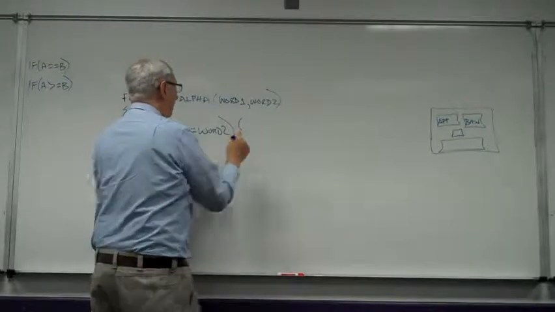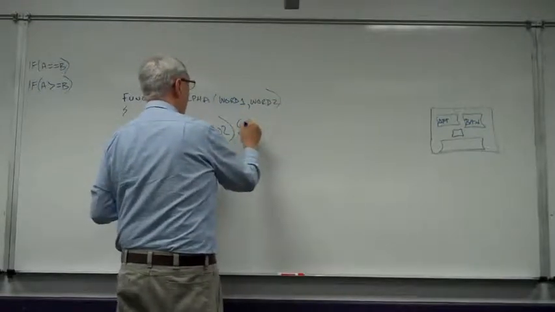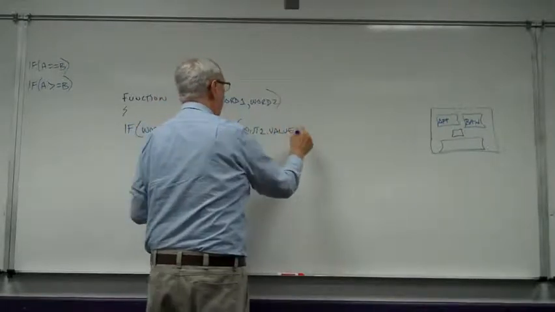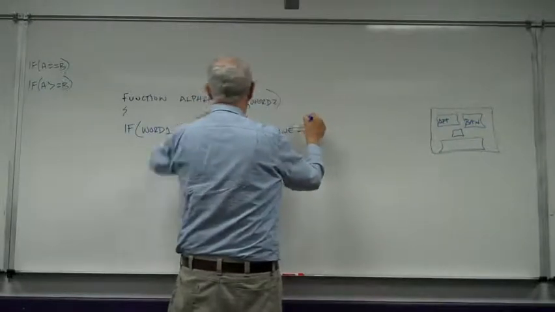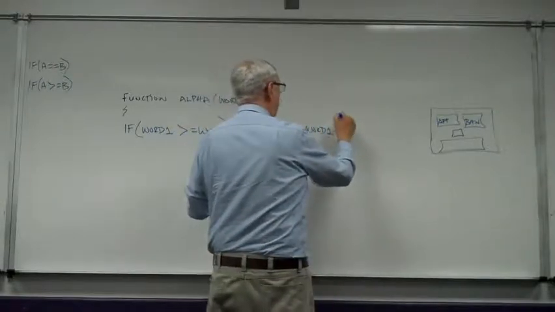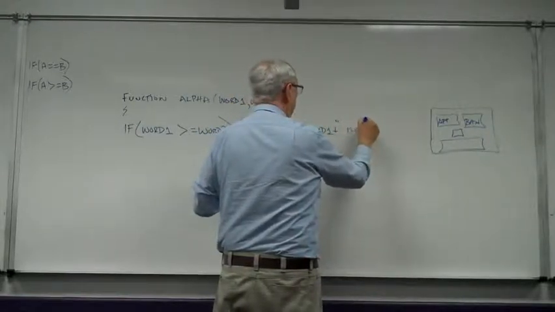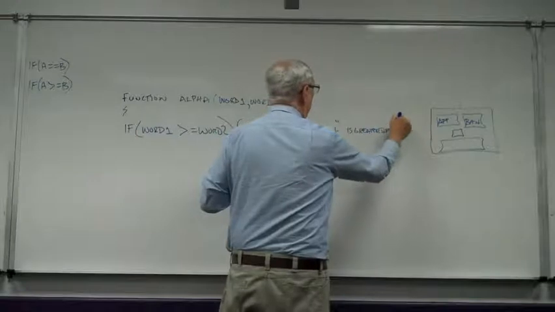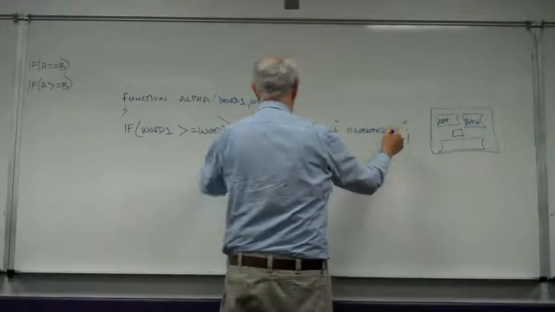You would say, out1 dot value equals word 1 plus quote space is greater than quote space quote word 2.